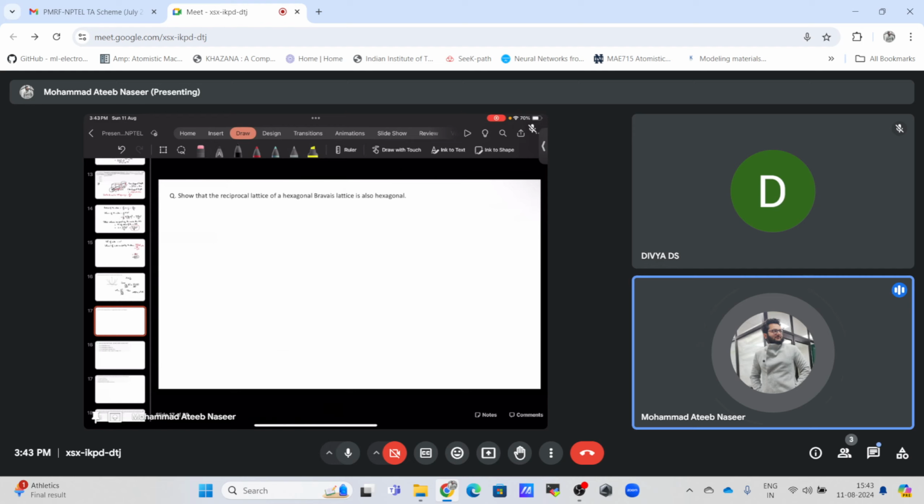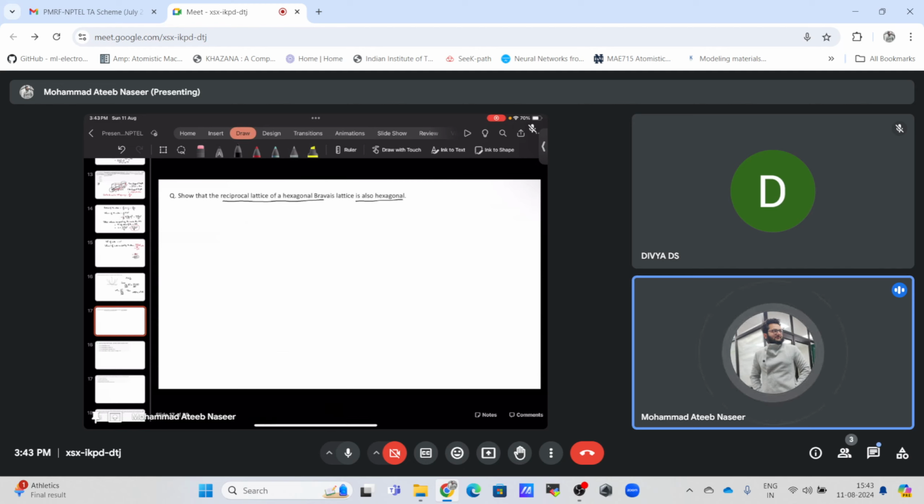Okay, so now moving to another problem. This kind of problem was not there in the assignment, about this reciprocal lattice, but I thought it would be good if we just do one problem about this reciprocal lattice. This problem says that we have to show that the reciprocal lattice of a hexagonal Bravais lattice is also hexagonal.